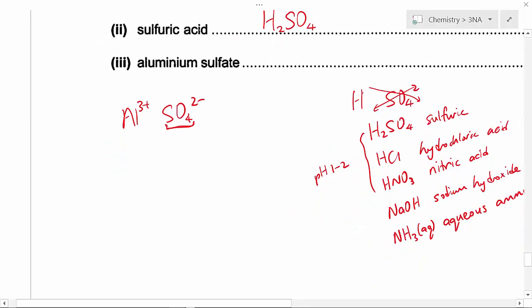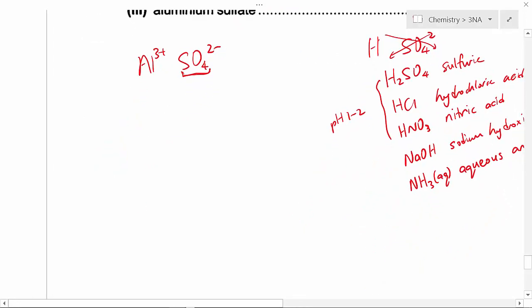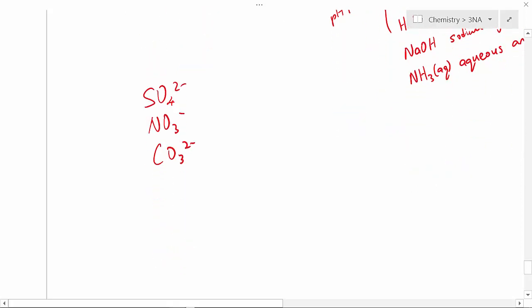There are 5 of them that you must memorize the formula of. Okay, let's recap what you need to memorize. One is the sulfate, which is given here. How about nitrate? NO3 minus. And then there's carbonate, CO3 2 minus. Alright, and then there's also hydroxide, OH minus, and ammonium. Ammonium is NH4 plus. Okay.